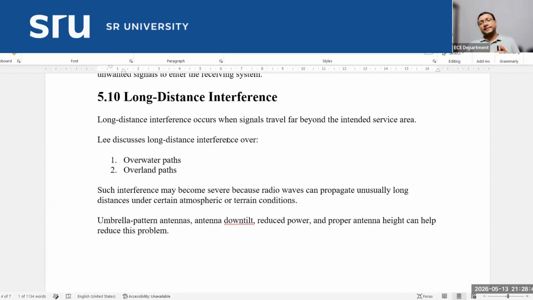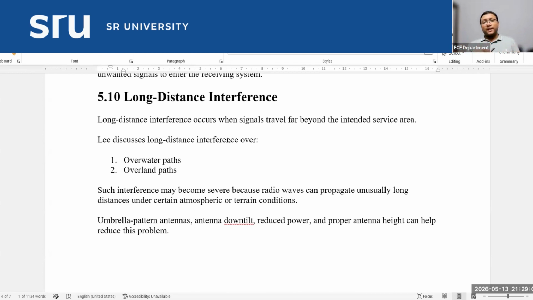For such cases, we already discussed in the last class that it may happen if my signal transmission is omnidirectional. Omnidirectional means one antenna will radiate power equally in all directions.